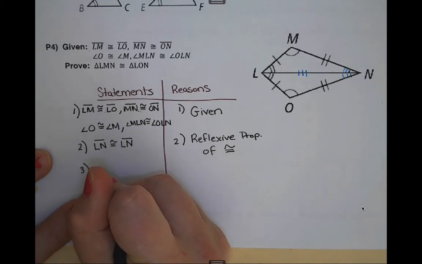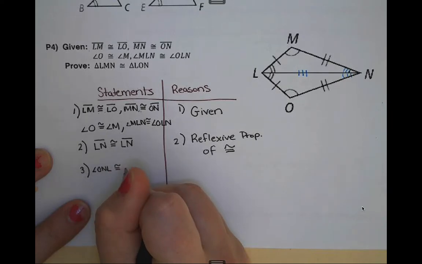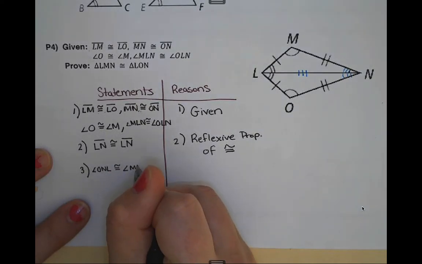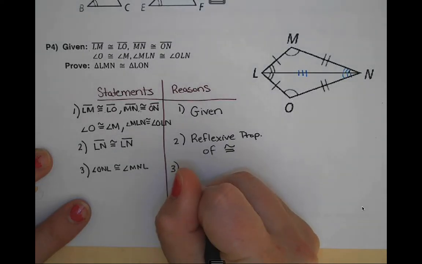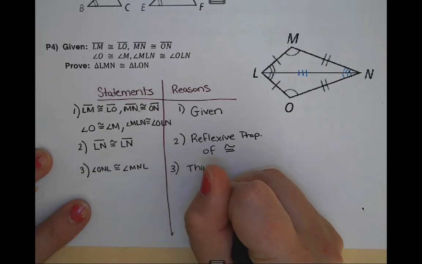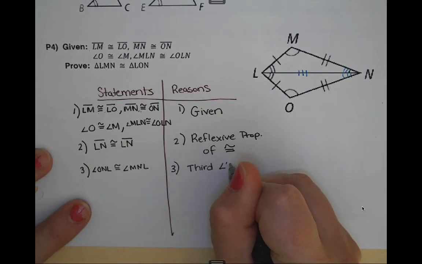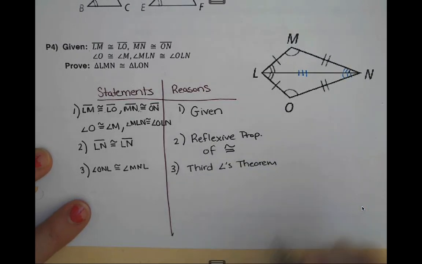So angle ONL is congruent to angle MNL. And the reason that they are is the third angles theorem. Right, and that's the theorem right up above this example.